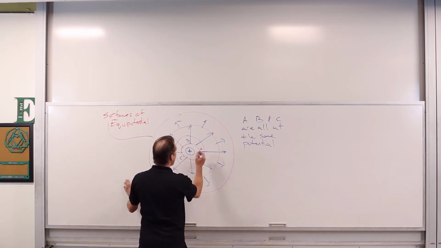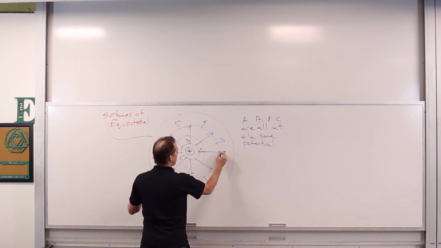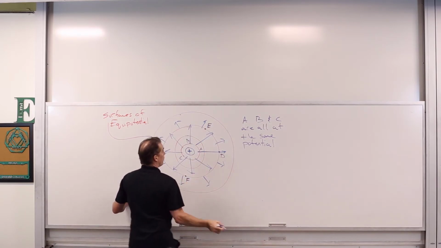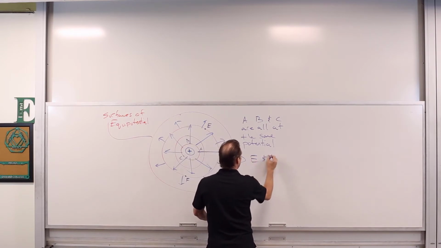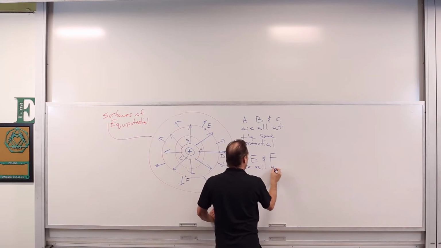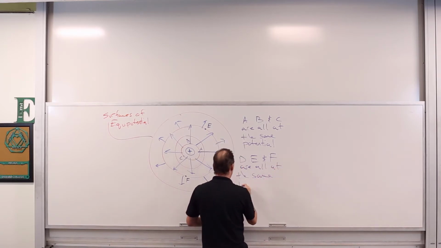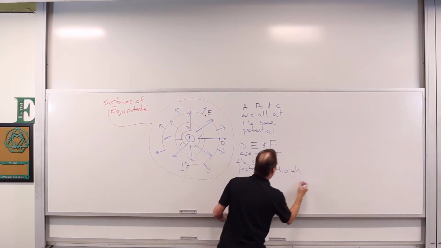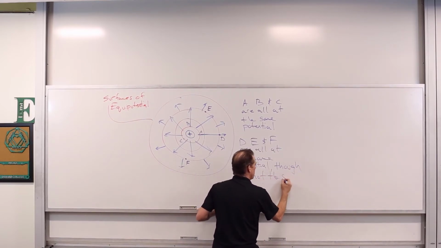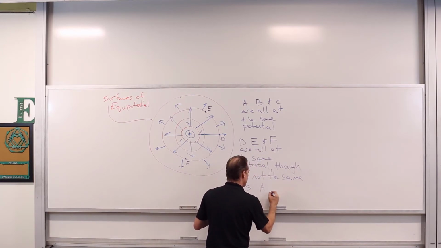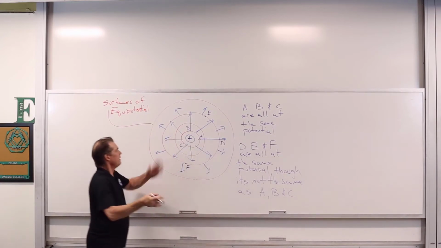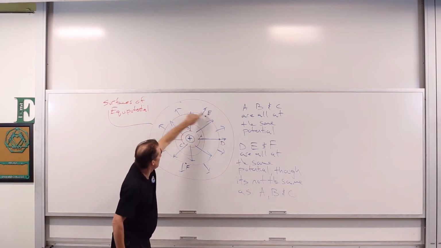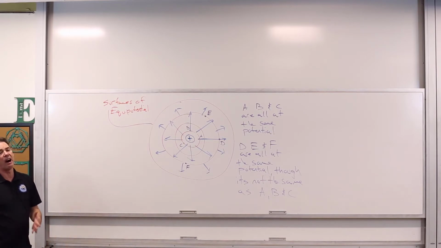So, if I say I've got A, B, C there, and then over here I've got a D, an E, and an F, well, D, E, and F are all at the same potential, though it's not the same as A, B, and C. Because to get from, say, A to D or A to E or A to F, or anywhere on this one surface to anywhere on this surface, we'd have to have some displacement that is in line with the electric field.